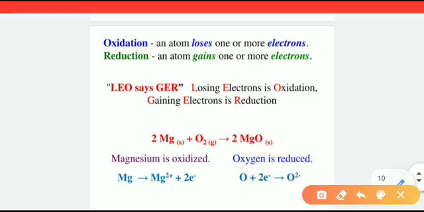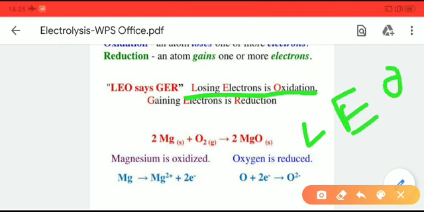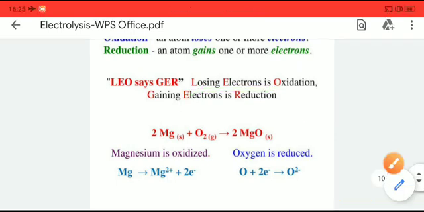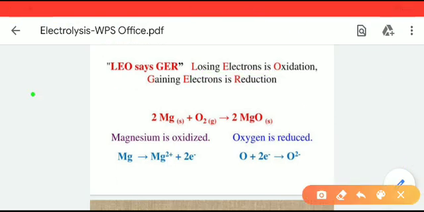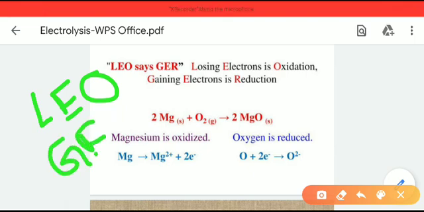LEO means losing electron is oxidation, and GER means gaining electron is reduction.